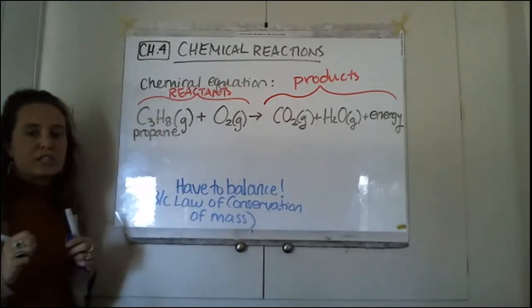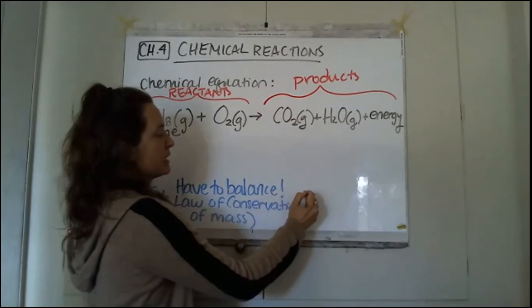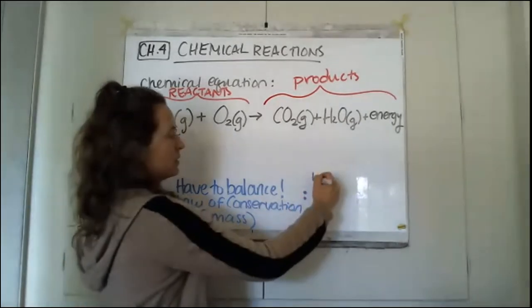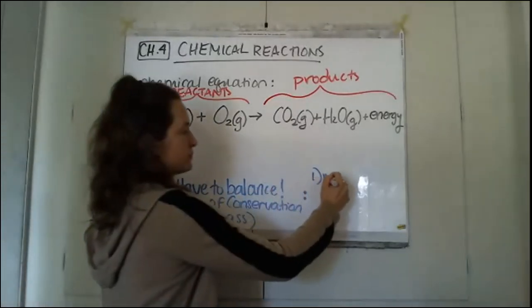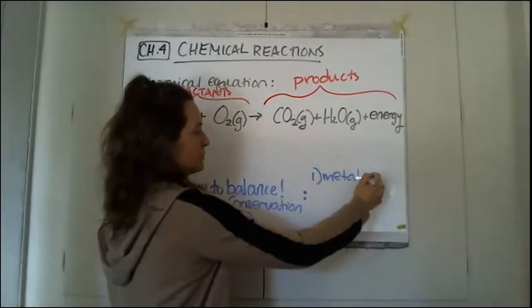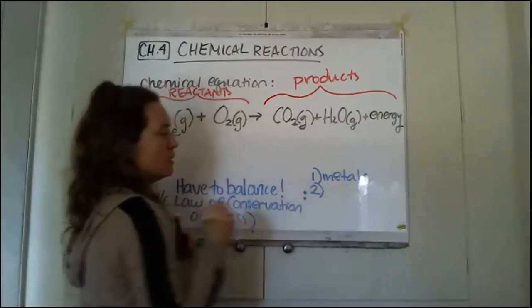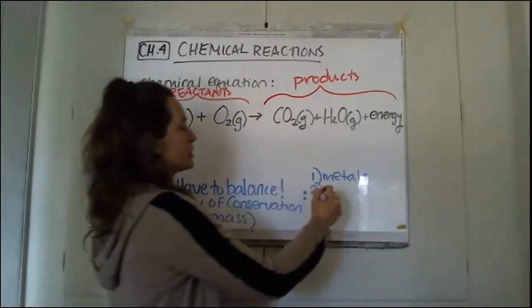Mass is not created or destroyed. So we're going to balance in this order. First, we want to balance the metals in a chemical equation. Then we want to balance any non-metals.